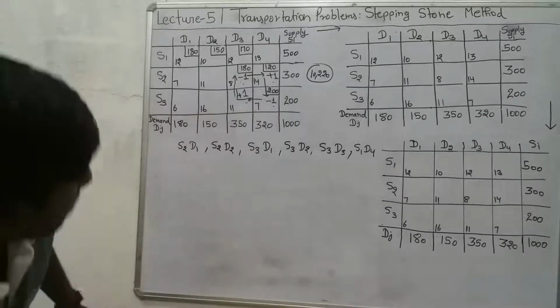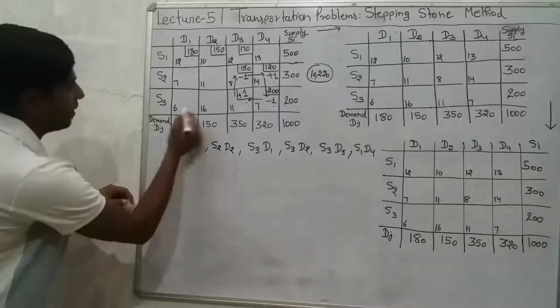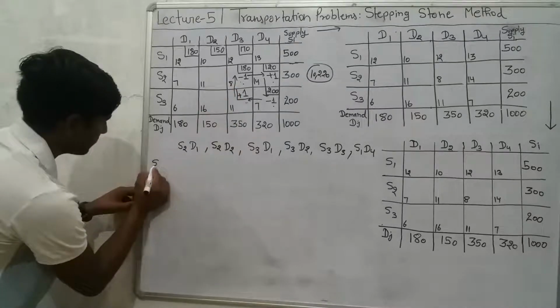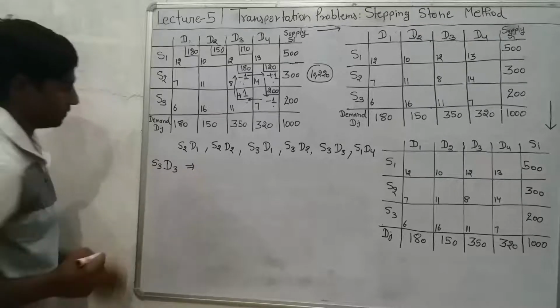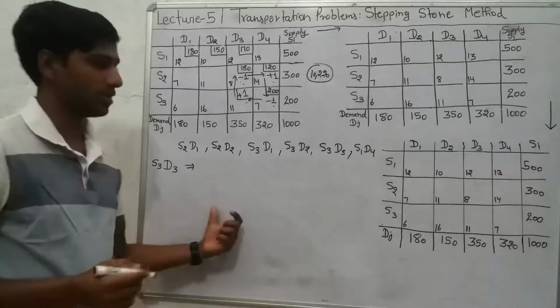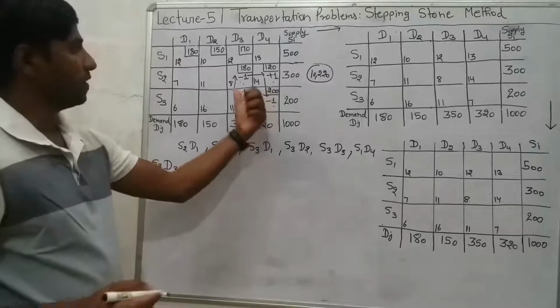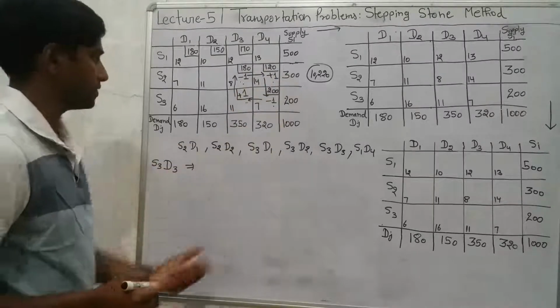So we were calculating the opportunity cost for S3 D3. We can denote the particular cells to create a closed loop.